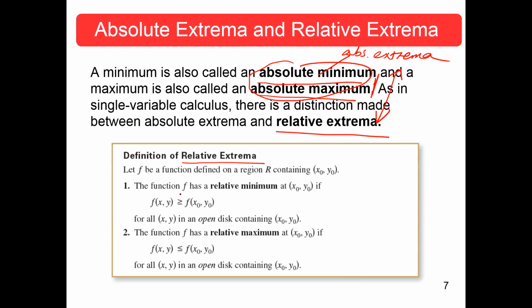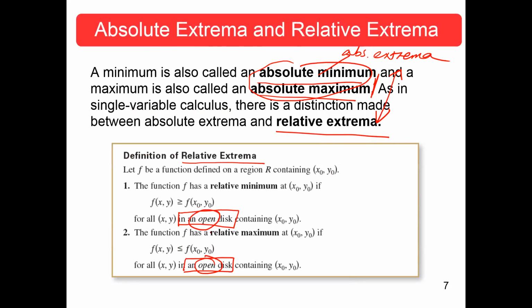The function f has a relative minimum if its value is less than the function values in an open disk containing the point. The function f has a relative max if its value is higher than any other function value in an open disk.